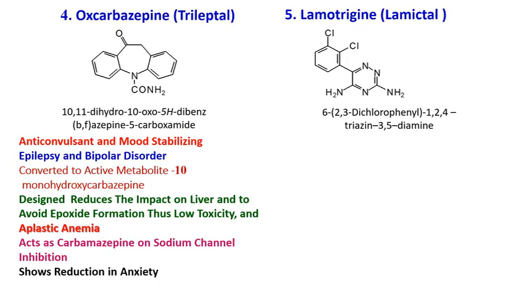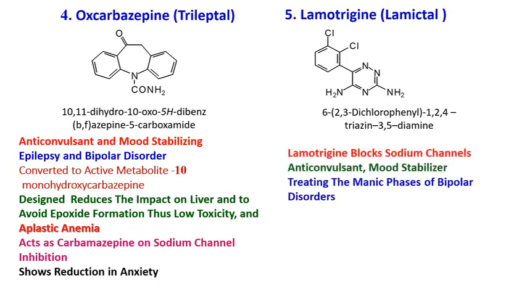Two chloro substitutions are compensating this hydrophilic effect. They are affording lipophilic attitude to the structure and permitting it to penetrate the blood-brain barrier. It is an inhibitor of the sodium channel, as we told you, and again, it might be used in treating the manic phases of the bipolar disorders.